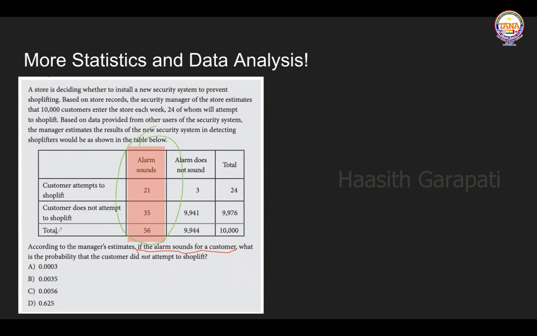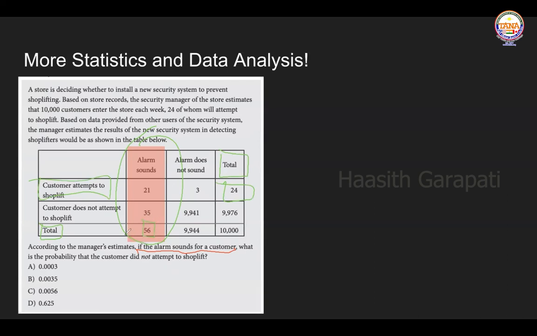So if you look at the bottom and all the way towards the right, you'll see a totals column, which tells you the total amount of something that has happened. So an example of this is if you look at the totals for customers who attempted to shoplift, it's going to give you a total of 24 people who attempted to shoplift out of 10,000. Now they're saying, the total amount of times where the alarm sounded was 56, right?